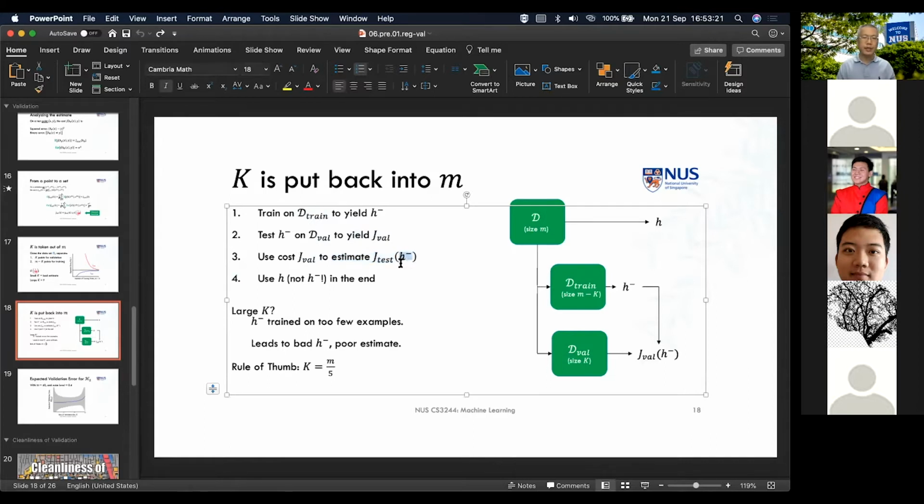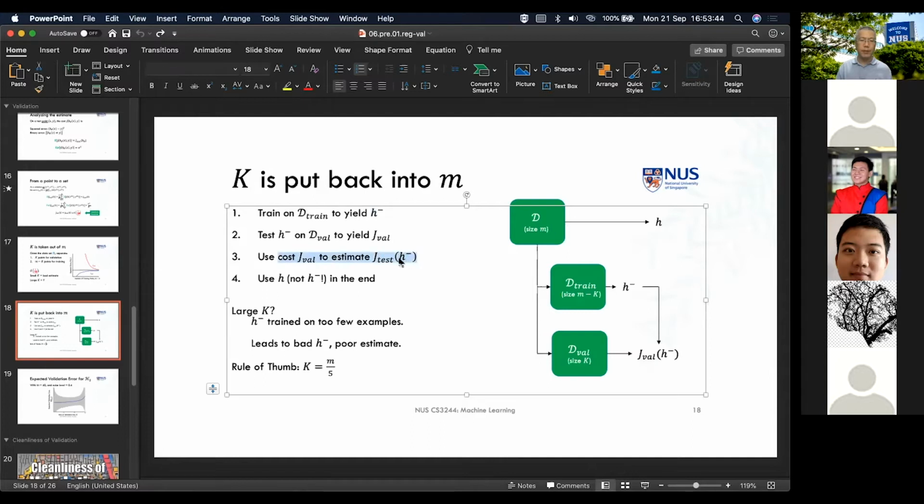Why we write minus is because this H isn't over our entire data set. We are only taking it on the training data that we saved for actually training the classifier. It's not all of the M points, it's the M minus K points that we have. So that's going to estimate our J test.